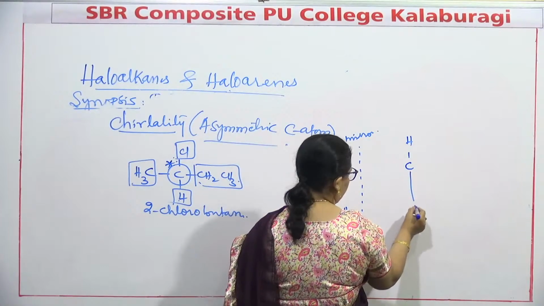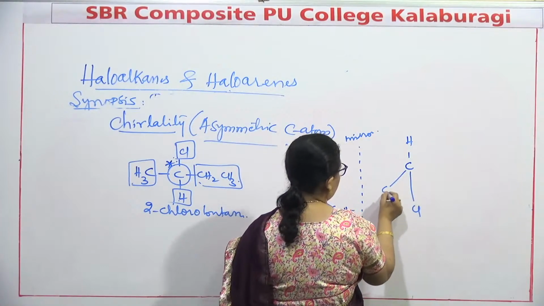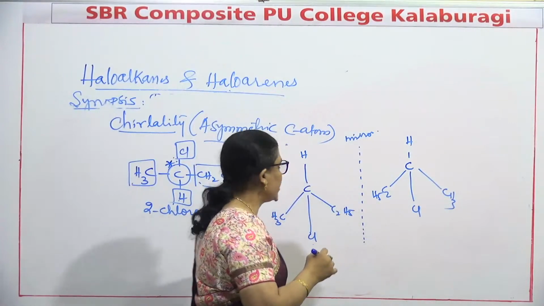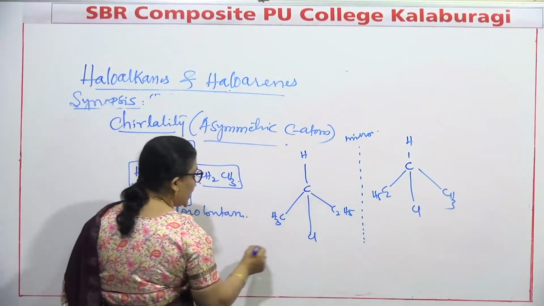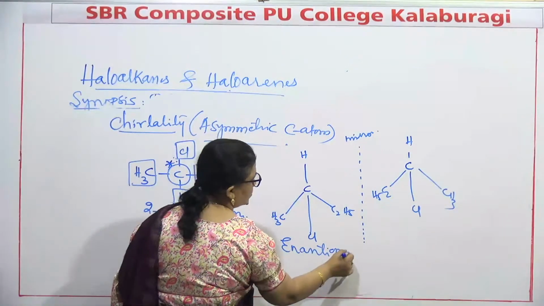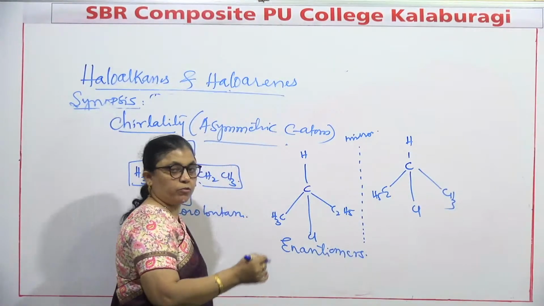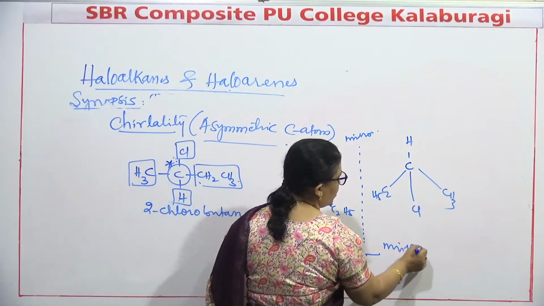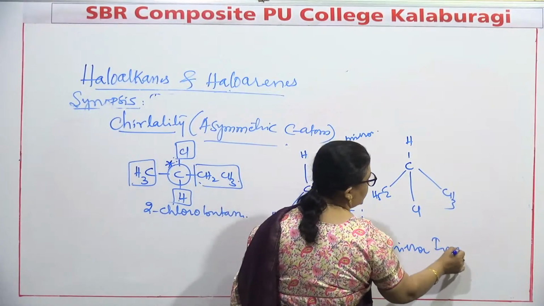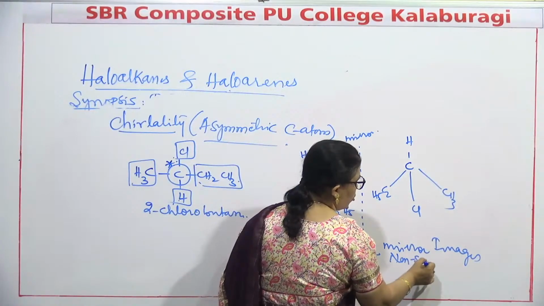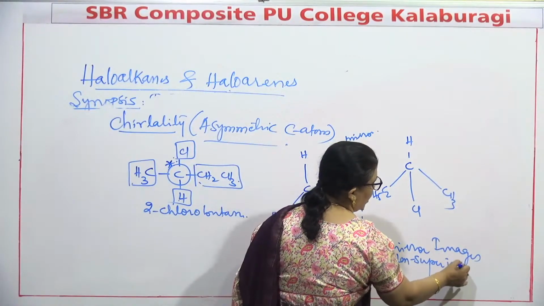Then we are having Cl, this side we are getting C2H5, and this side we are getting CH3. We can say that these are enantiomers. What are enantiomers? Mirror images, non-superimposable.